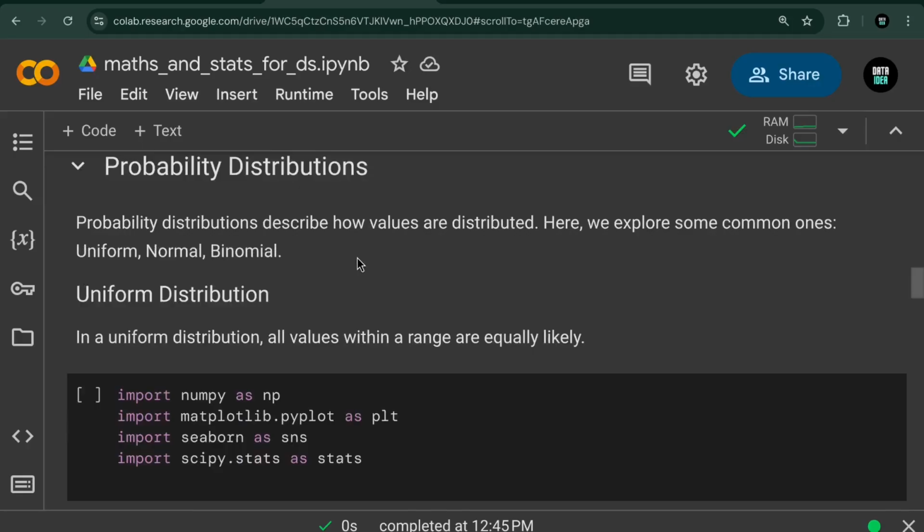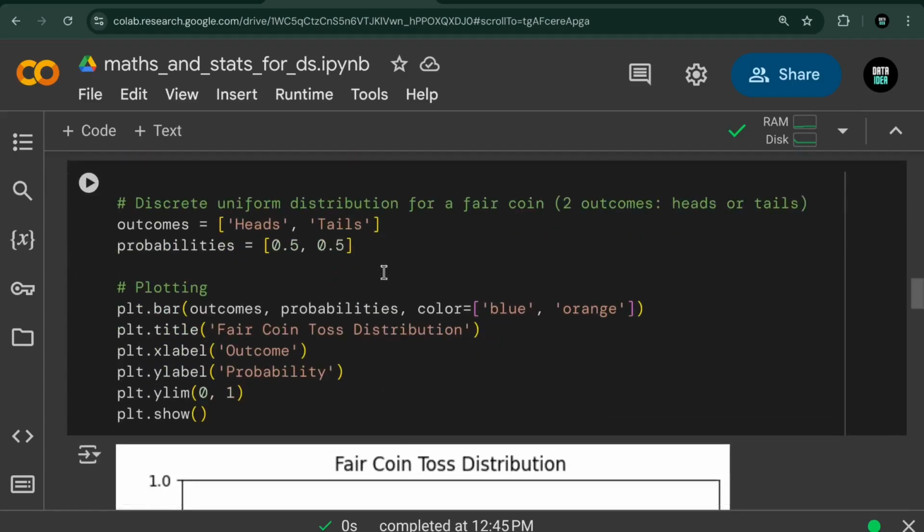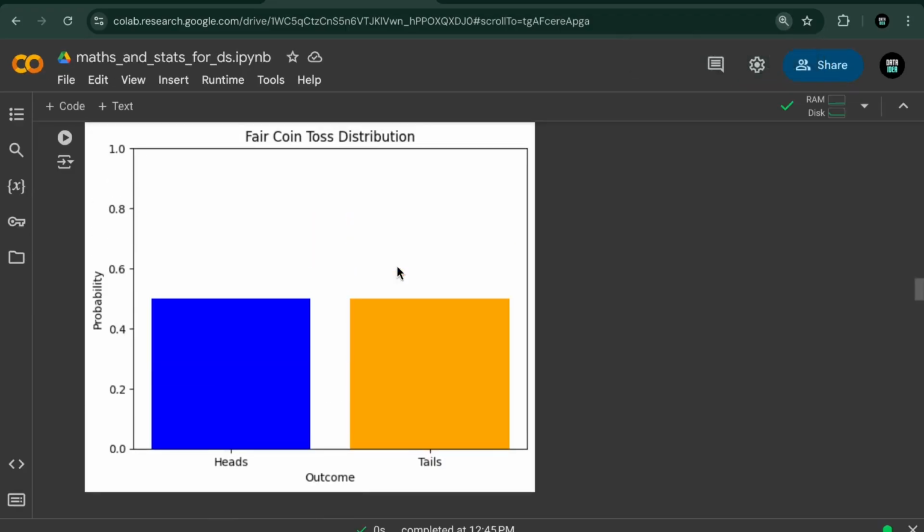The first distribution will be the uniform distribution. In a uniform distribution, all values within a range are equally likely to occur. I have this little graph to demonstrate this, and here I am visualizing how likely the heads and tails of a fair coin are to occur.